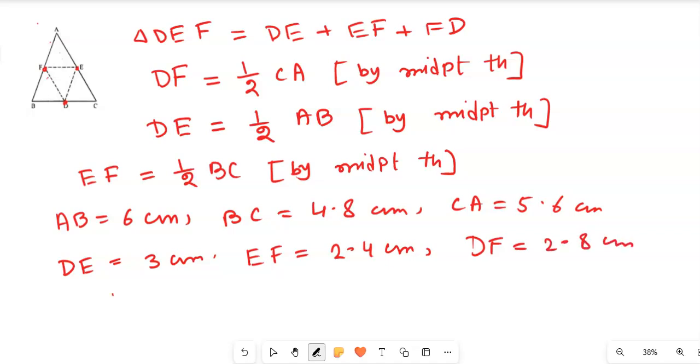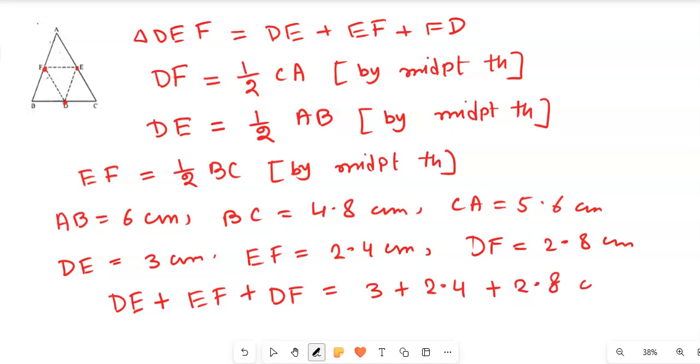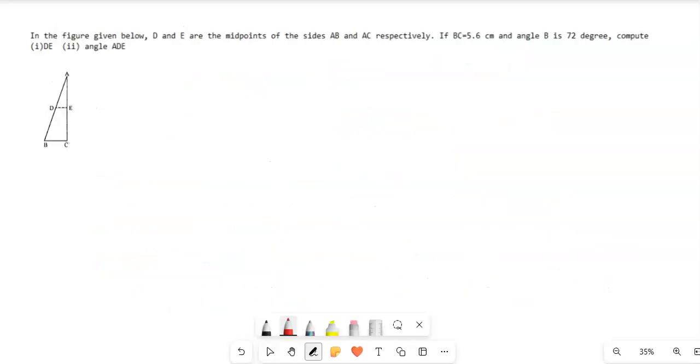Now add all this. DE plus EF plus DF equal to 3 plus 2.4 plus 2.8 centimeter. That is equal to 8.2 centimeter. This is the answer.